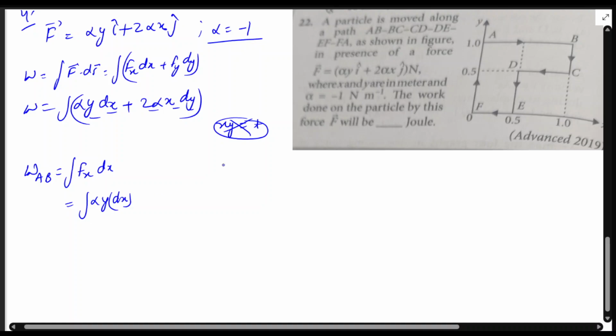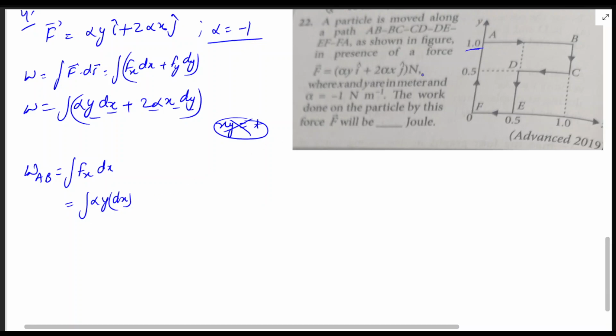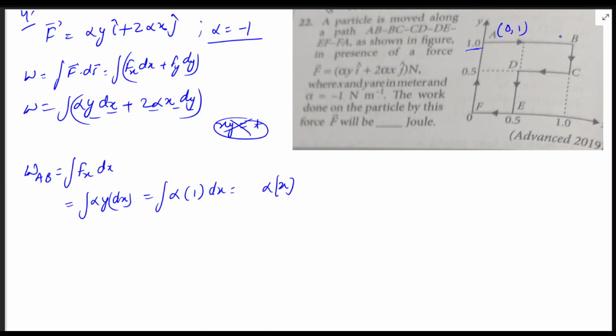Now for AB path, y is always 1. So we can just put alpha into 1 into dx. So we will get alpha into x. And x is changing from 0 to 1 because the coordinate of point A will be 0 comma 1 and point B will be 1 comma 1, right? So it will be from 0 to 1. So we will get simply alpha, right?